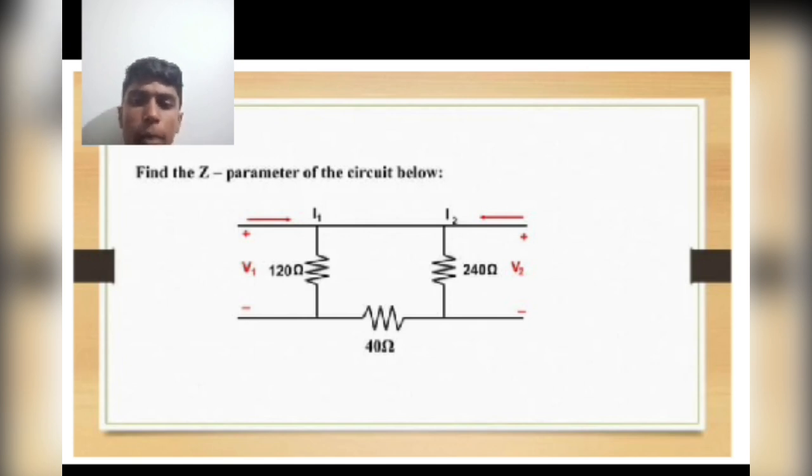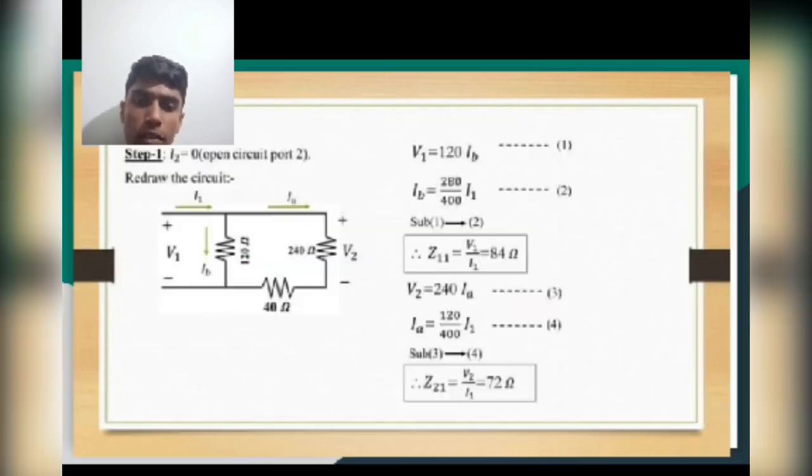Second example: find the Z parameters of the circuit below. It has resistances of 120, 40, and 240 ohms. Step 1: I2 is equal to 0, open circuit port 2. From the circuit, V1 is equal to 120 IB, and IB is equal to 280 by 400 I1, equation 2.